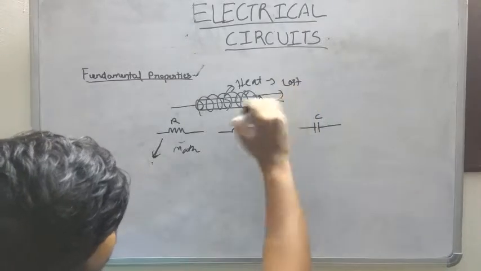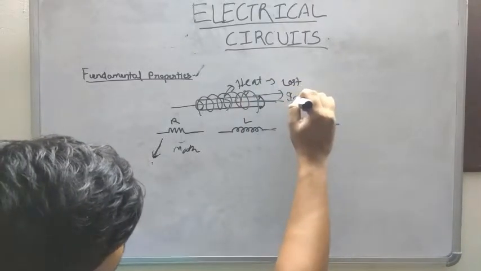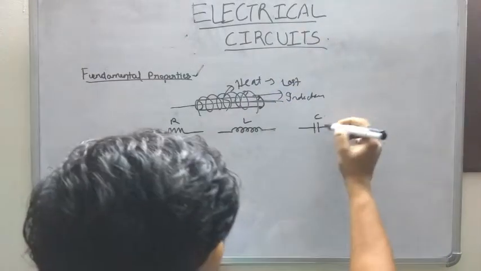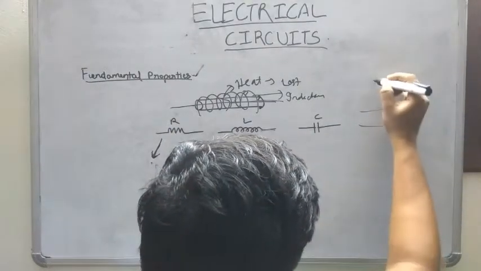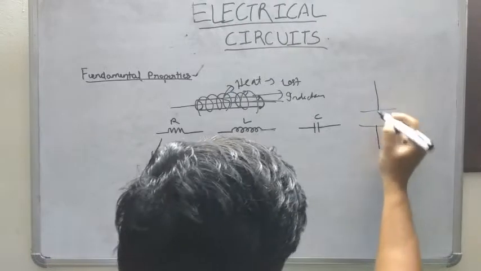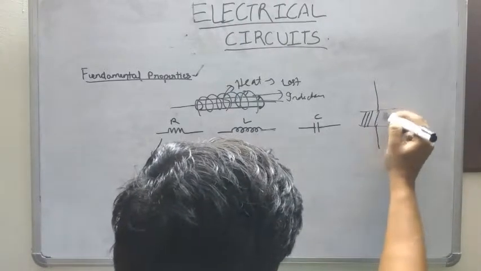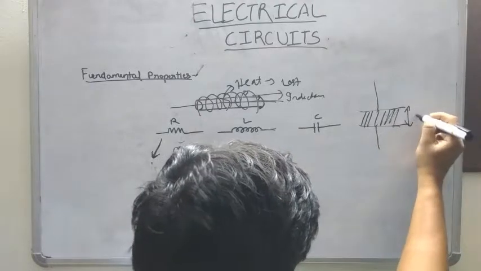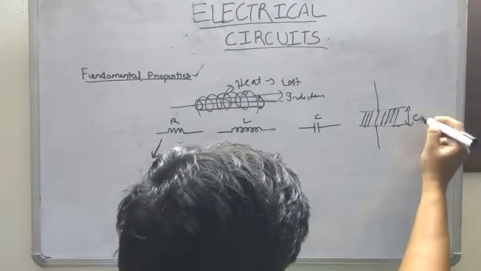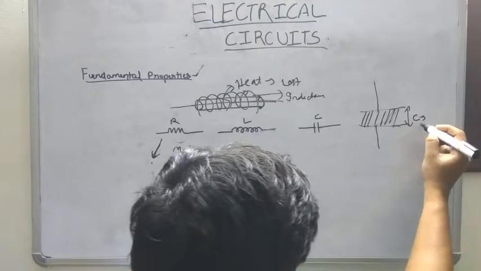This property of the material comes under inductance. When it comes to capacitance, if two conductors are energized and there is separation between them, then a capacitance will be formed between these two conductors. This property of the electrical material is called capacitance.